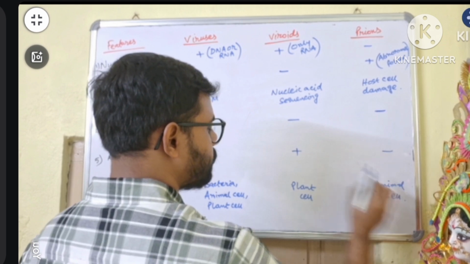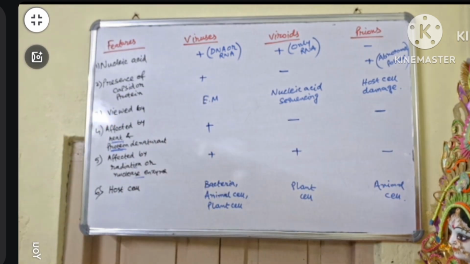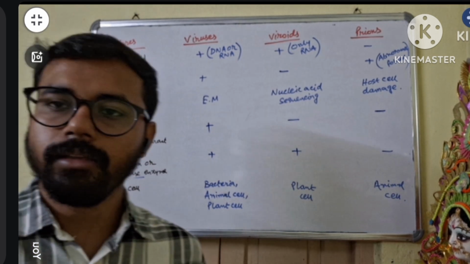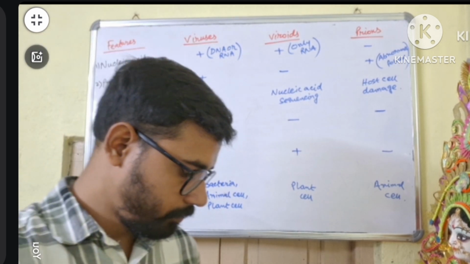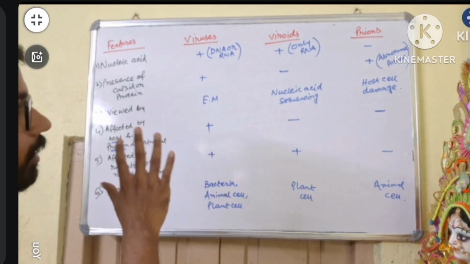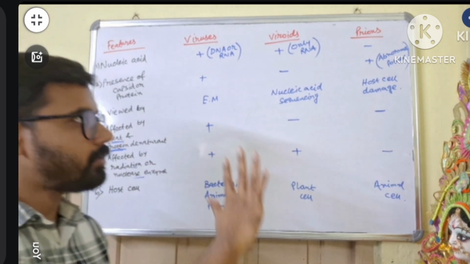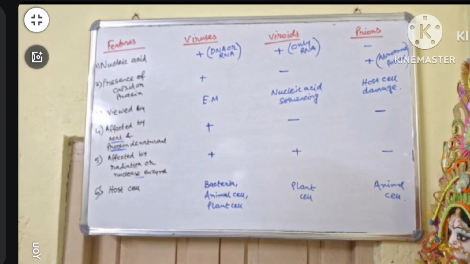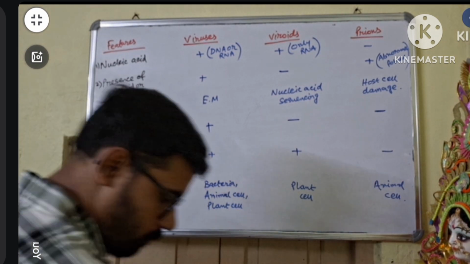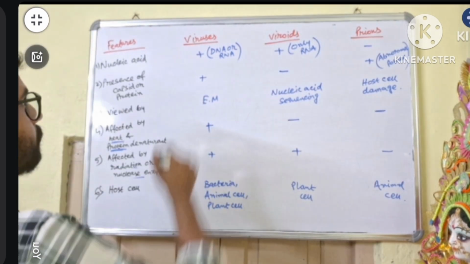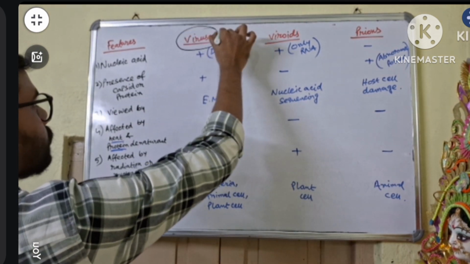So that is the comparison chart between the three acellular organisms in our list: virus, viroids, and prions. If the features are clear, now you can understand the concept of virus, viroids, and prions. Clear? So in the next class, we are going to discuss viruses in more detail, that means the virus life cycle.